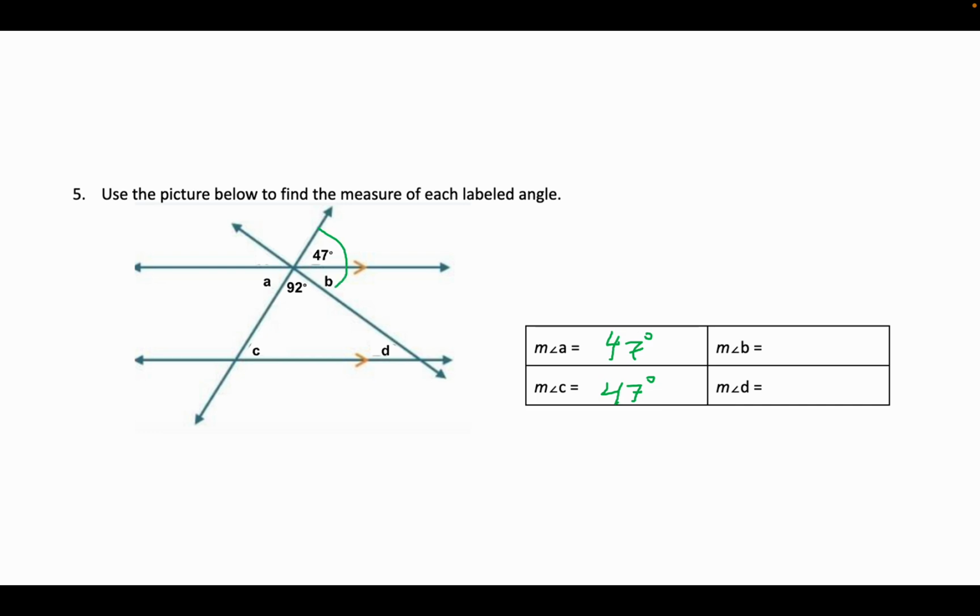B, I know all three of these angles add up to 180. So if I take 180 minus 92 minus 47, that's going to get me angle B, which is 41.